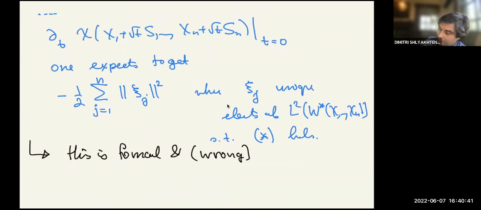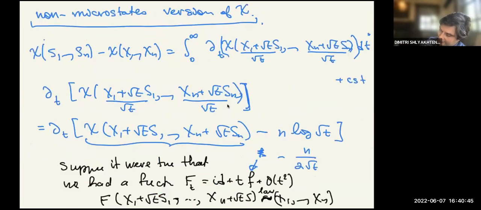Basically, this approach here, where I tried to find some function that does this and that, works perfectly well to connect the entropy of a random matrix model, to compute it in terms of the associated derivatives like this.